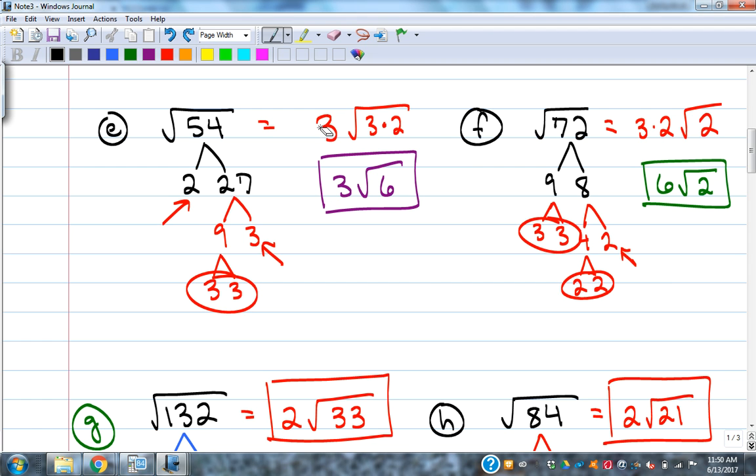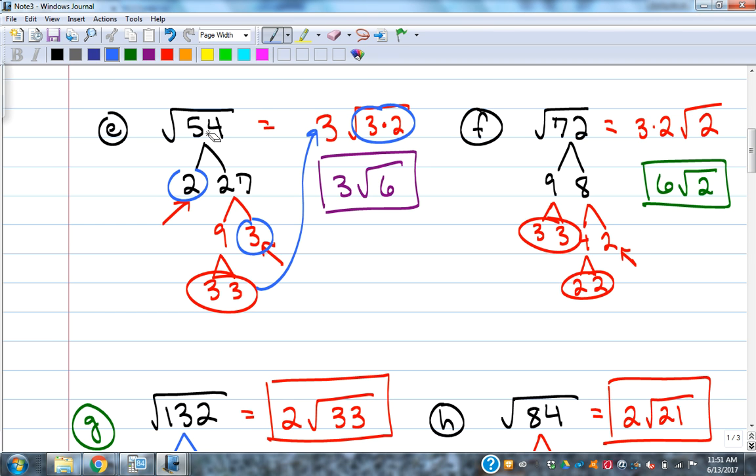We have a 3 on the outside that comes from this pair of 3's. The 2 and the 3 that are left over are the 2 and the 3 underneath the radical. They don't have a buddy, so they have to go inside. Anytime there's more than one thing on the inside, we multiply them back together. 3 times 2 is 6. So 3 square root of 6. That's what the square root of 54 breaks down to be.